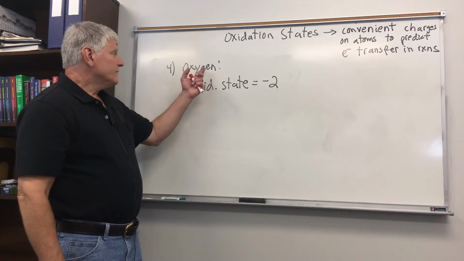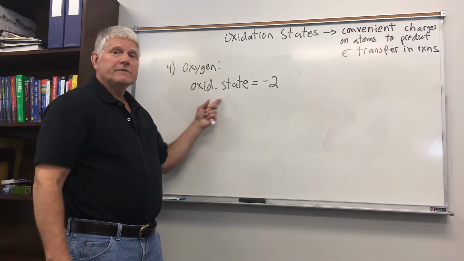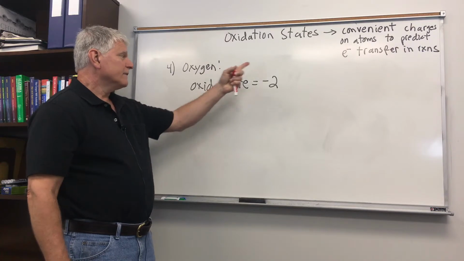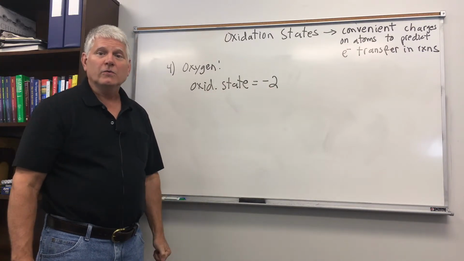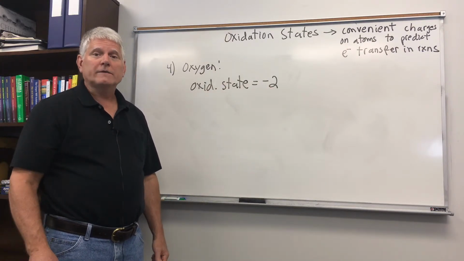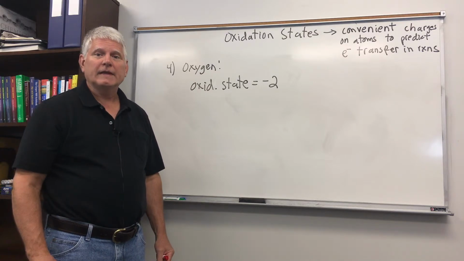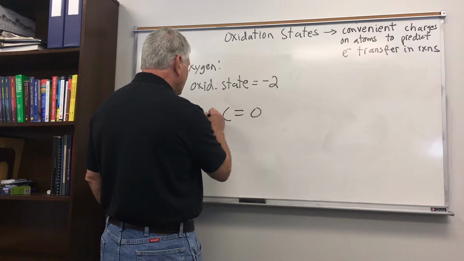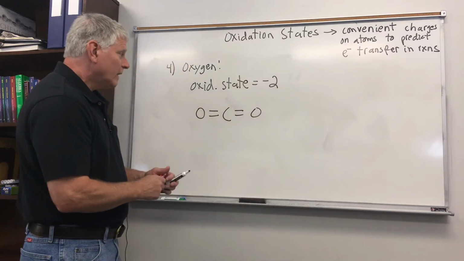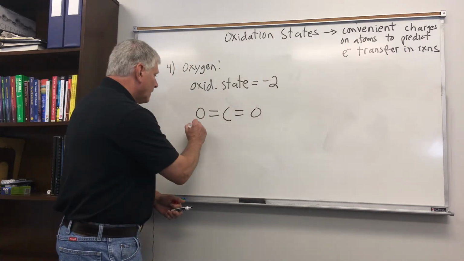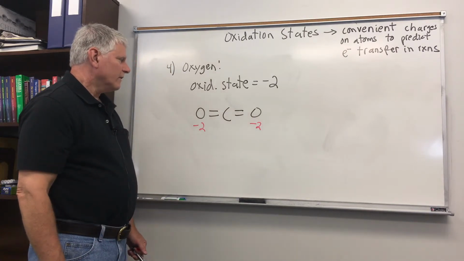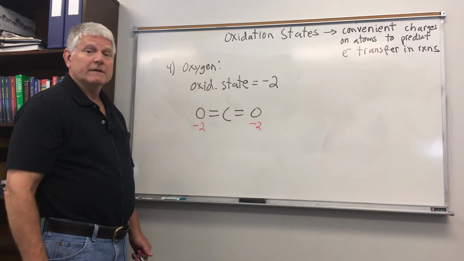Now for the oxygen atom, if we have oxygen in a molecule, we would assign its oxidation state as -2. So most oxygens have an oxidation state of -2. So say if we had the carbon dioxide molecule, we would assign the oxygens an oxidation state of -2 each.